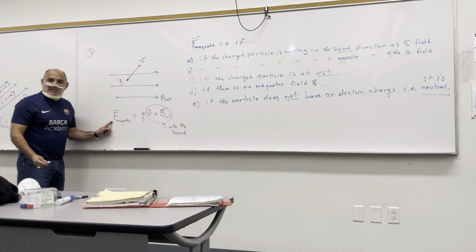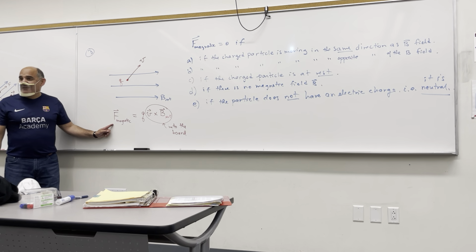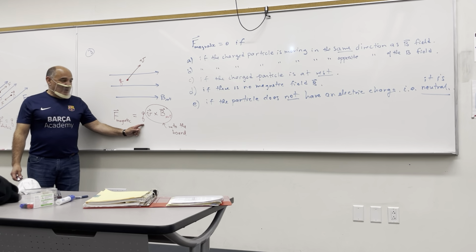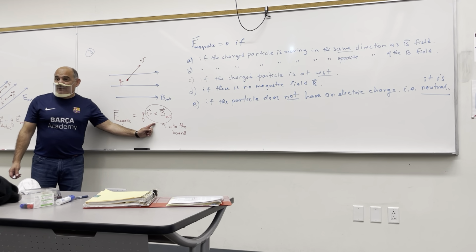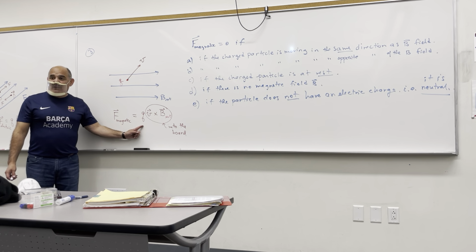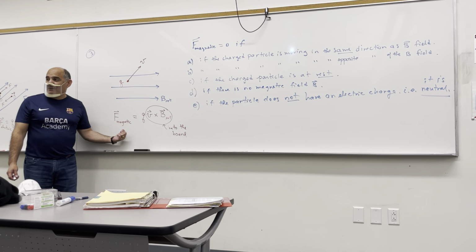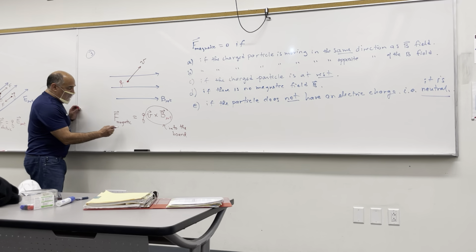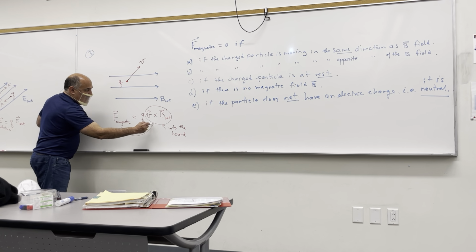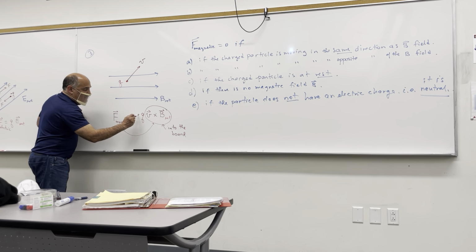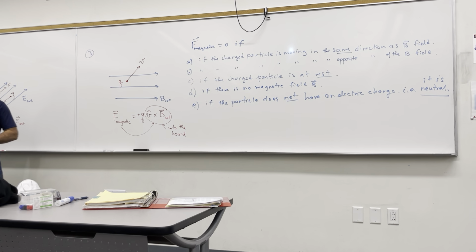That doesn't mean that this force is going to be into the board. When we do V cross B, that's a vector. So we have a scalar quantity, the charge, multiplied by the vector to give me a vector. So this force will be in the same direction as the cross product only if the charge is positive, like a proton or the nucleus of an atom.